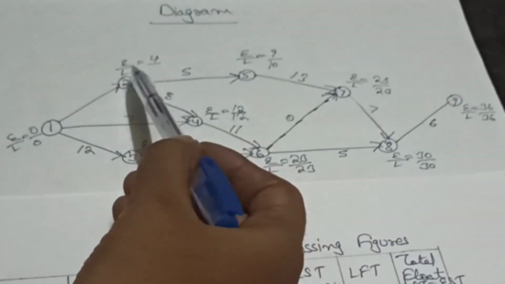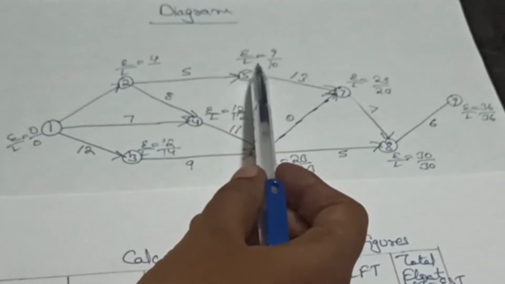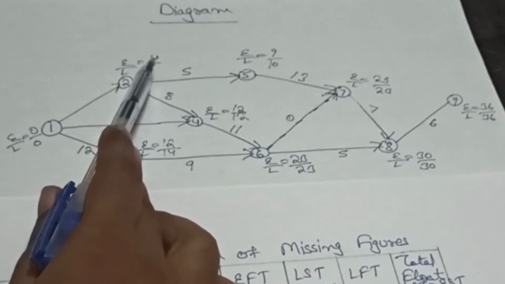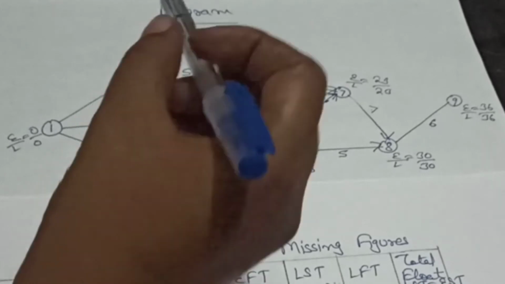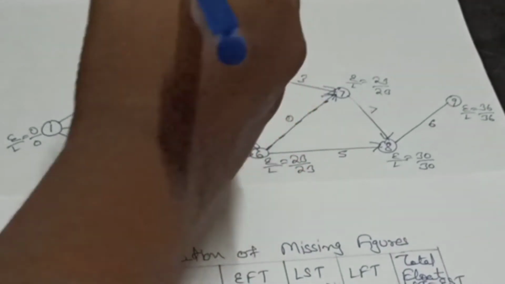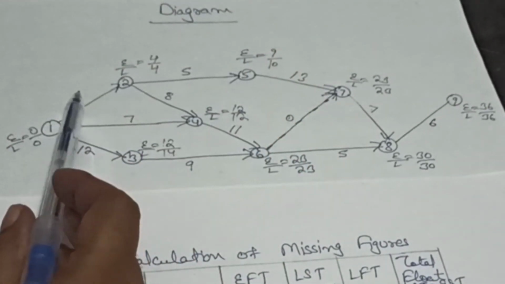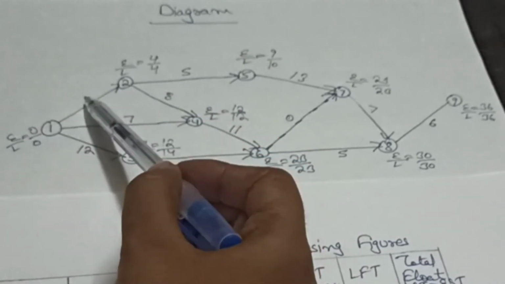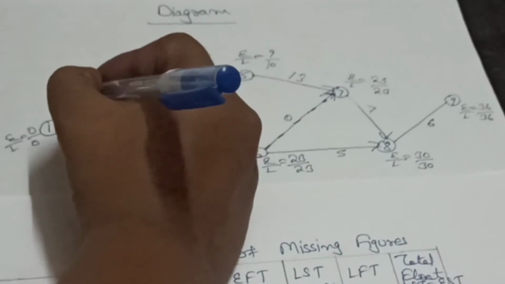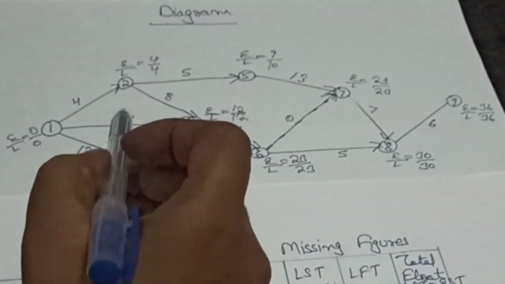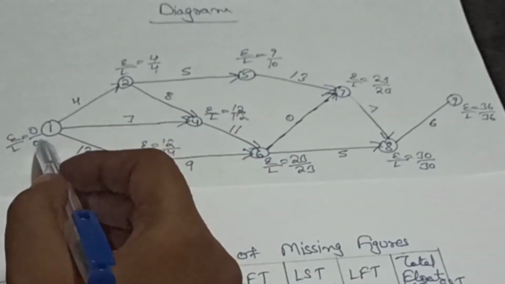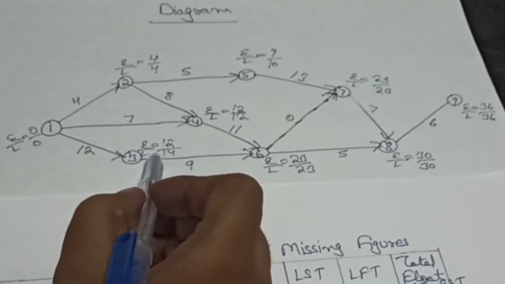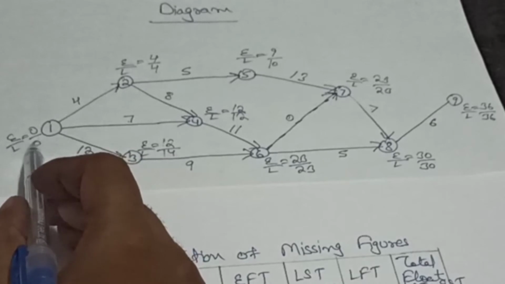Now we will calculate the L value for this node as 10 minus 5 is equal to 5, 12 minus 8 is equal to 4. So we will select 4 here because 4 is the minimum. Now we will calculate the duration for this activity as 4 minus 0 is equal to 4. So we will write 4 here because 12 minus 7 is equal to 5. So we don't write 5 here. And here 14 minus 12 is equal to 2, but here it is 0.